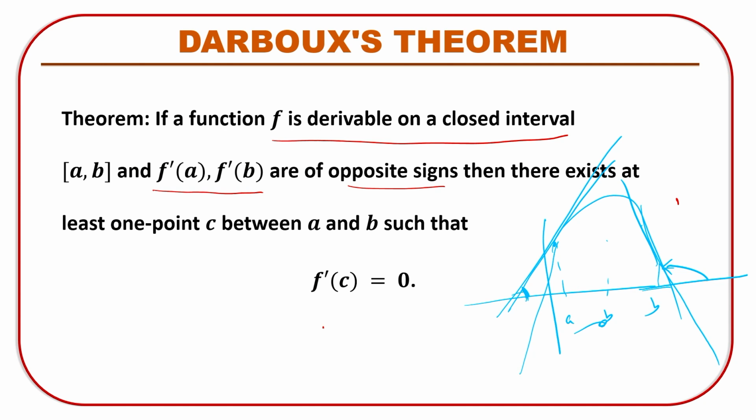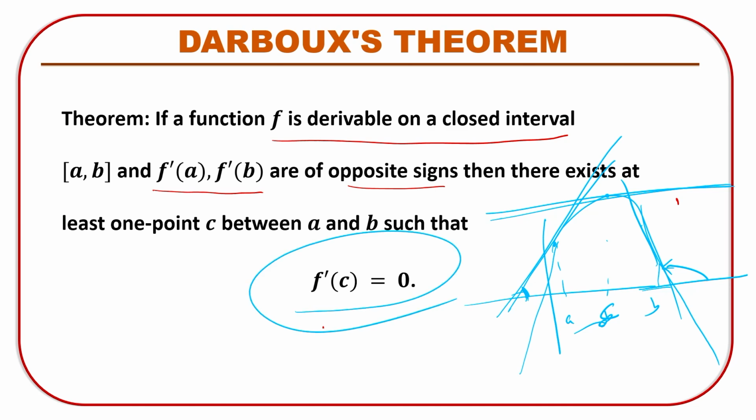So, these are the two opposite signs. So, there must exist some point C in between, at which f dash of C is equal to 0. So, maxima or minima may exist at that point, right.